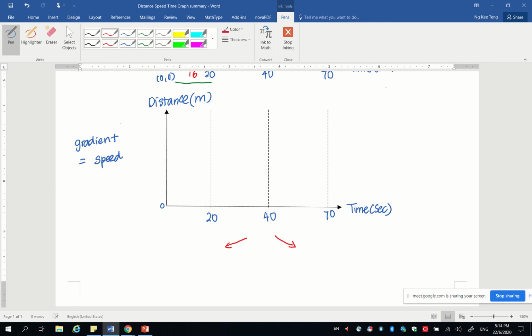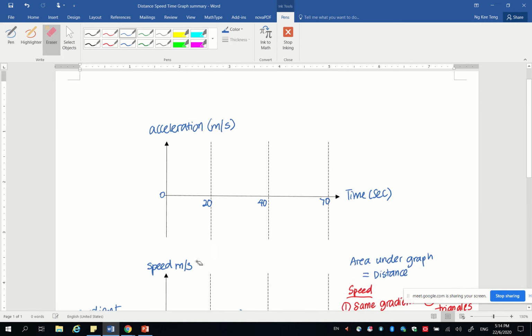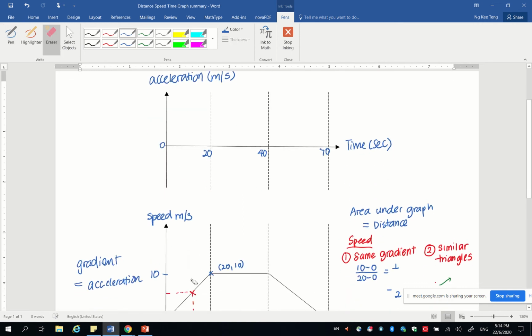The first type is distance traveled. If the distance time graph records the distance that is being traveled, there are a few characteristics. Number one, it is always increasing.